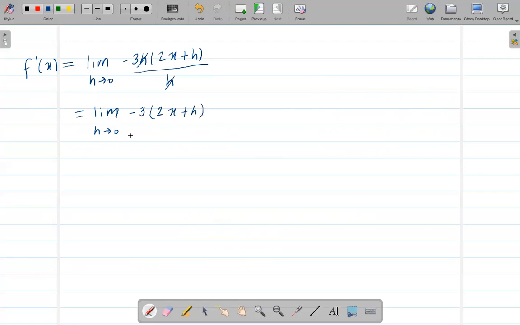Since h goes to 0, this h is also going to 0, so I can get rid of this limit. If h goes to 0, then I get negative 3 times (2x plus 0), which gives negative 6x, because this is gone. So this is the derivative.